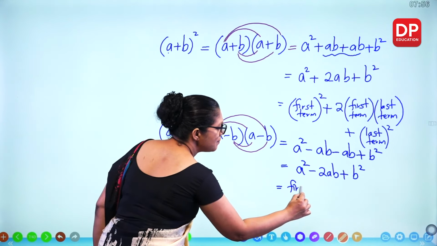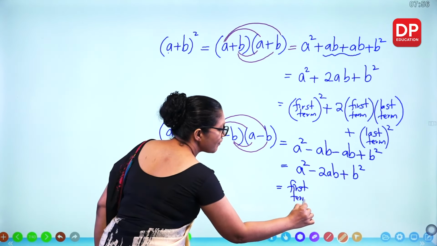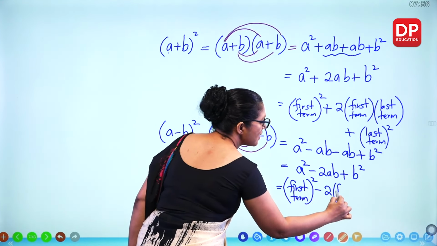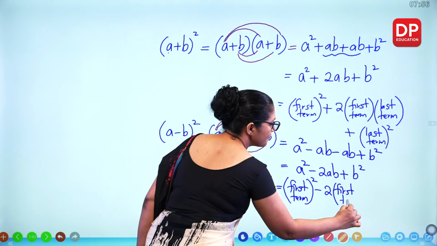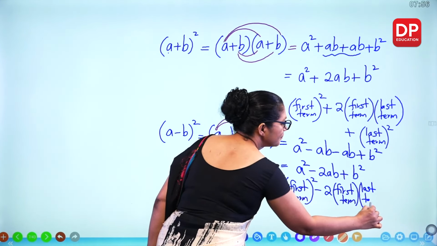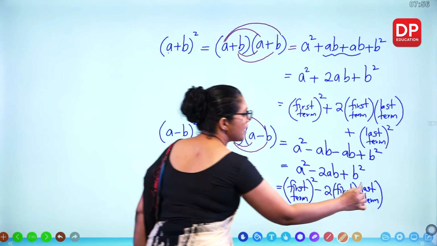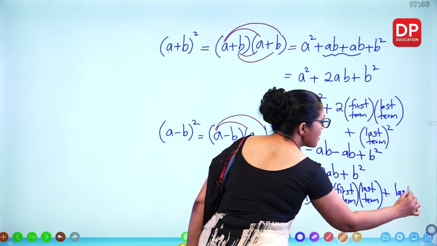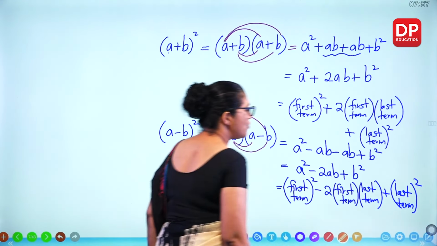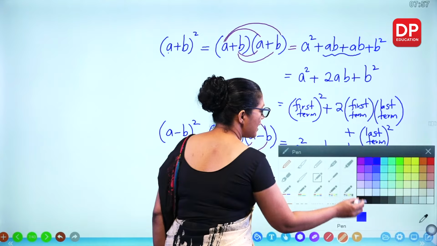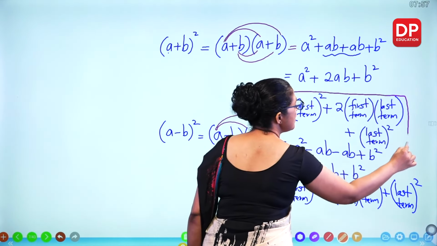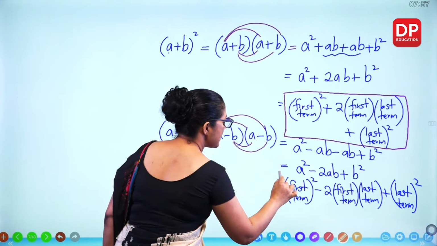This is first term squared, and then double of first term and the last term, and this one, last term squared. So when you remember this pattern, you can easily apply this one at once. No need to write it again and again and simplify.